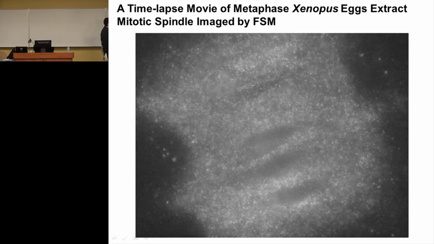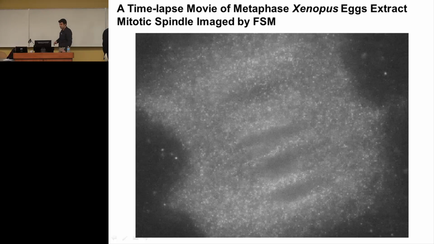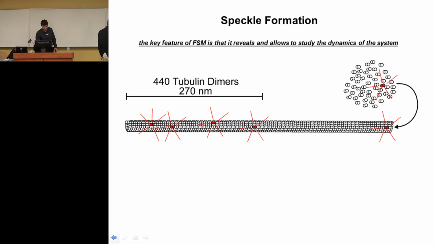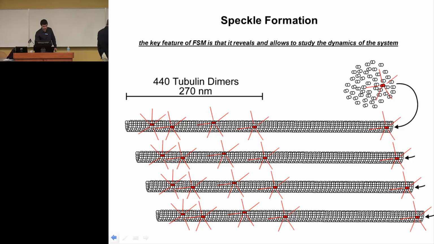So I think that the difference in the intensity is actually misleading, because you remember that these features are randomly the sub-resolution clusters of this fluorophore. So what you have here is a structure. Think about this: this is the size of one pixel in the camera, and you have 440 dimers.